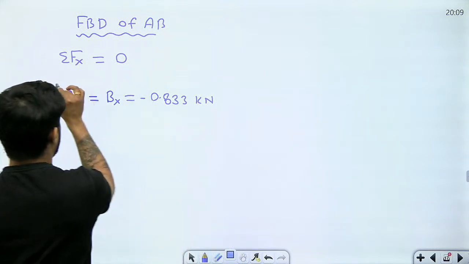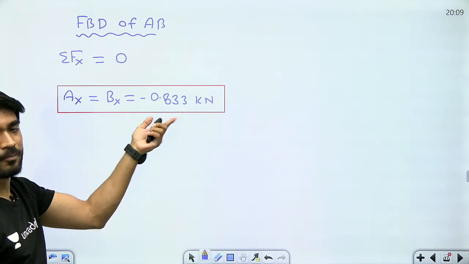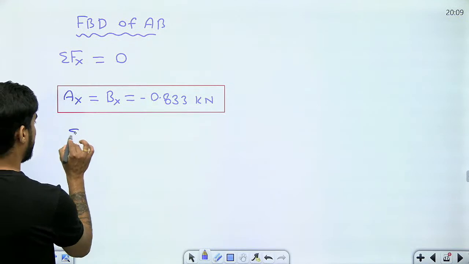So ax is also minus 0.833. Again, negative sign means my direction of ax is also wrong. मेरा ax का direction भी गलत है.